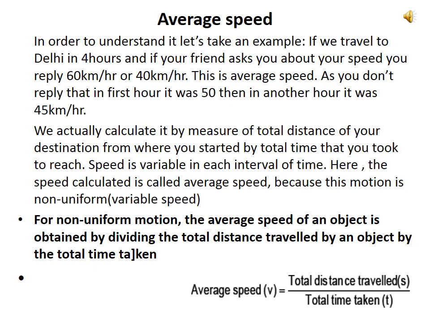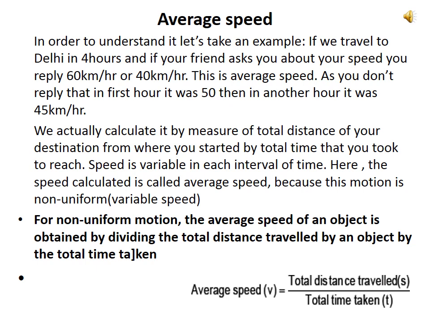You do not reply that in the first hour it was 50, then in another hour it was 45 km per hour. Actually, we have calculated it by dividing the measure of the total distance from where you started to your destination by the total time that you took to reach.